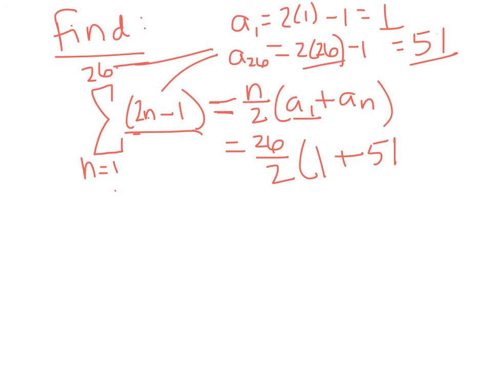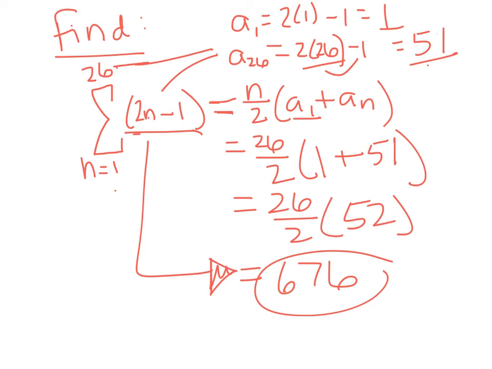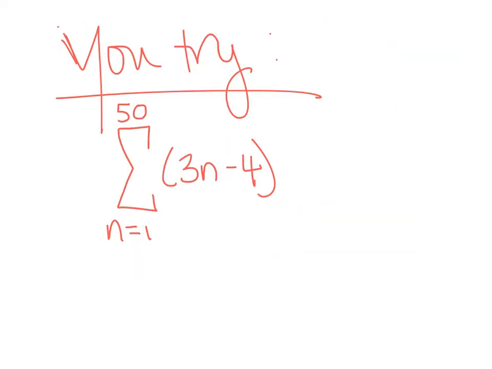This is 52 minus 1 is 51. So then it becomes 26 over 2 times 52. So the summation is going to equal 676. So your Try is for you to find the sum of the first 50 terms of 3n minus 4.